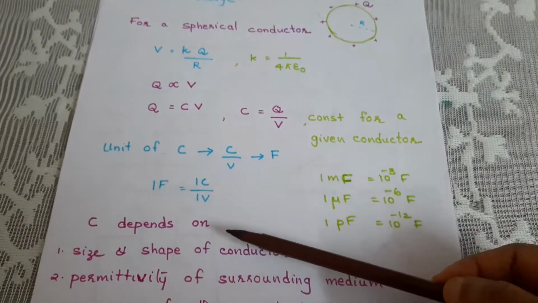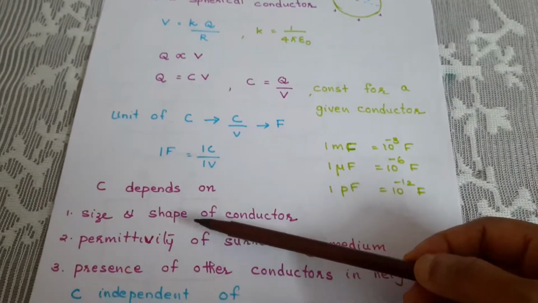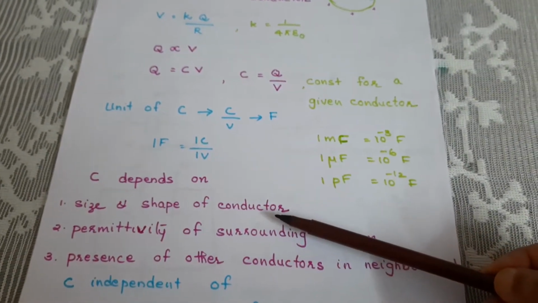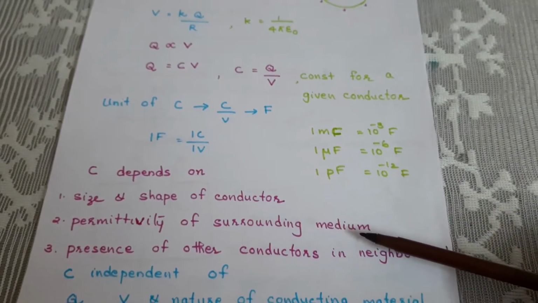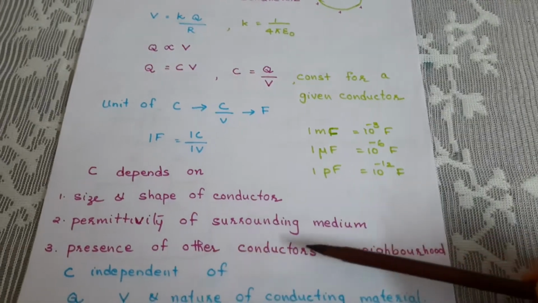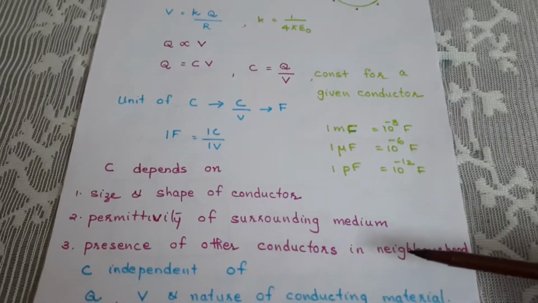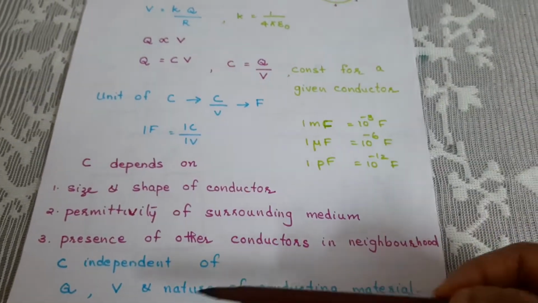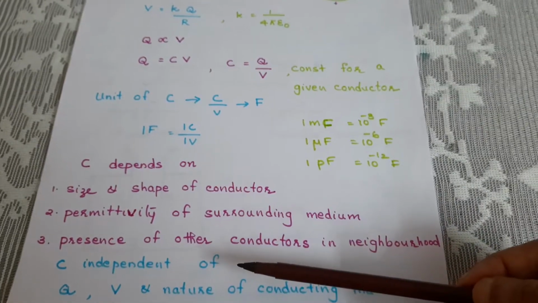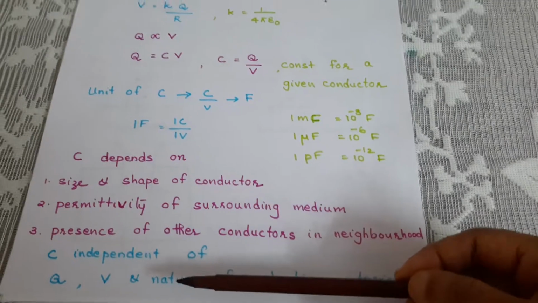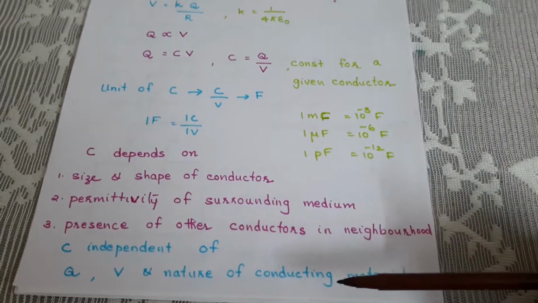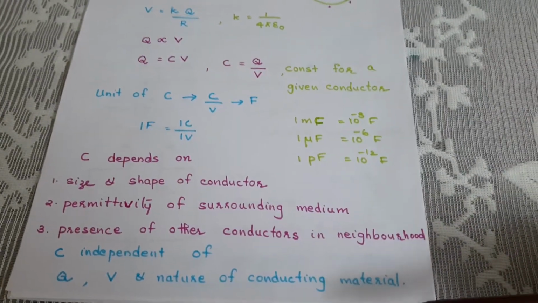The value C depends on size and shape of the conductor, permittivity of surrounding medium, and the presence of other conductors in the neighborhood. The value of capacitance is independent of charge, its potential, and the nature of the conducting material.